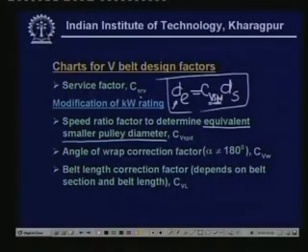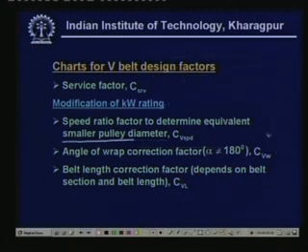Next, you will see that the smaller pulley diameter we consider is not ds but DE. That means from now onwards, depending upon this particular speed ratio factor, we will compute an equivalent smaller diameter.